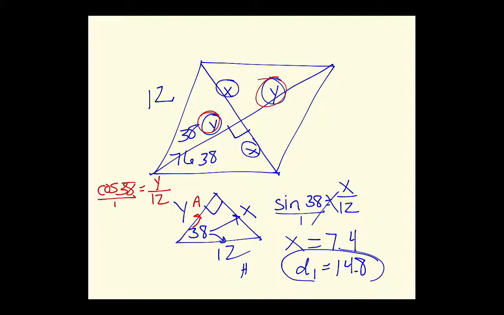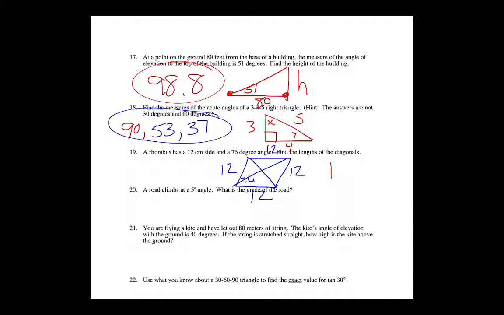So I put that over 1, y times 1 is y, and when I take the cosine of 38, cross multiply by the 12, I end up getting 9.5. But again, I have to double that 9.5 to get the total length of diagonal 2, which would be 19. So my diagonal lengths in that rhombus with a 76 degree angle are going to be 19 and 14.8.